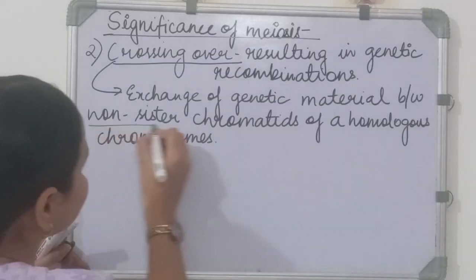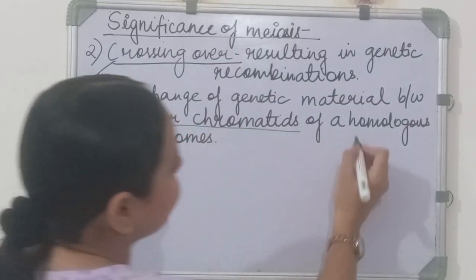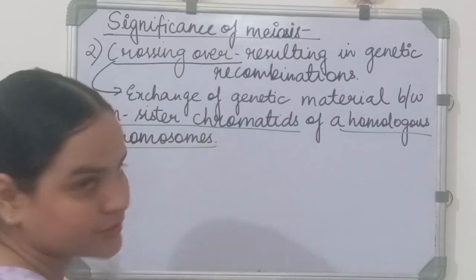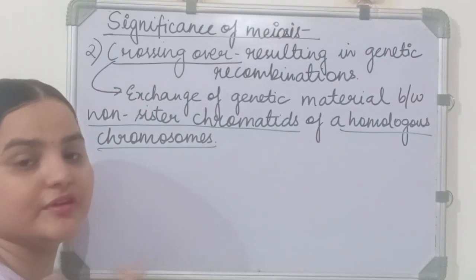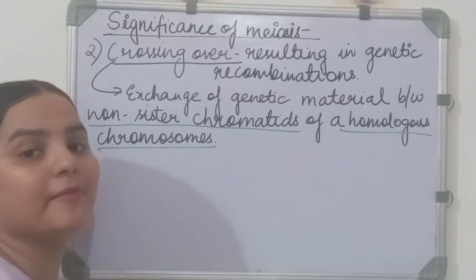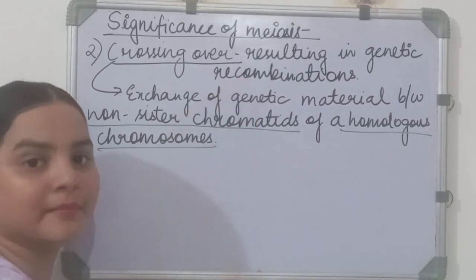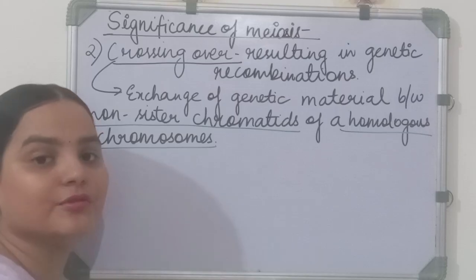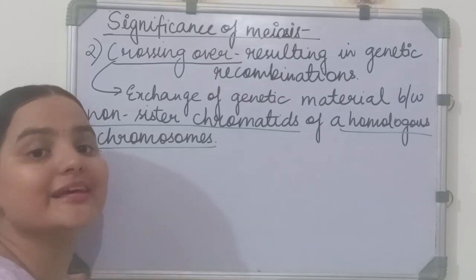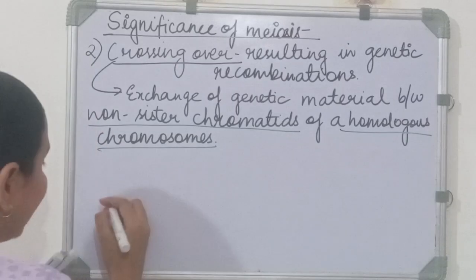Let's understand the terms non-sister chromatids and homologous chromosome. In our body, as children, we have half chromosomes from our mother, known as maternal chromosomes, and half from our father, known as paternal chromosomes. I am drawing.